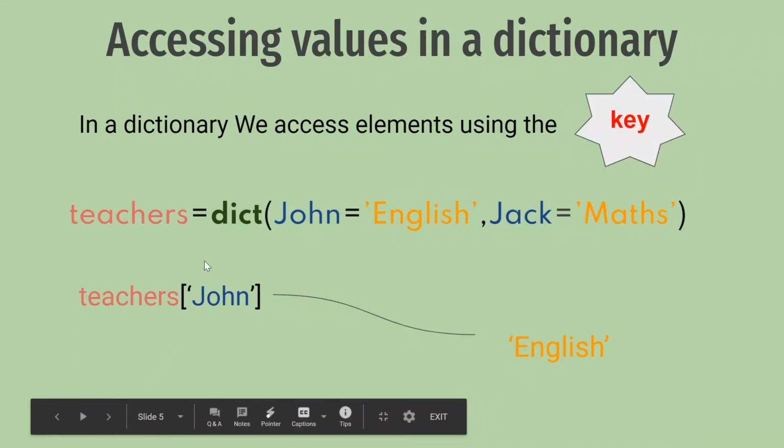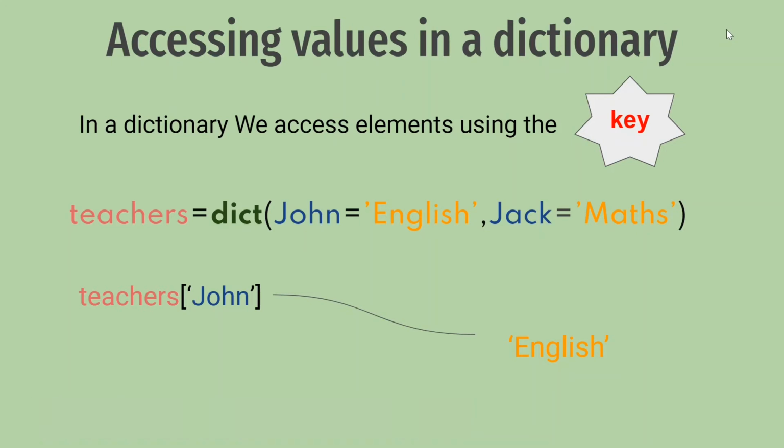Now how do I access values in a dictionary? In a list, every element is placed in a particular index, like the 0th index, first index, second index, etc. Whereas in a dictionary you don't have anything called an index. You will only access elements using the key. In a dictionary we don't have an order.